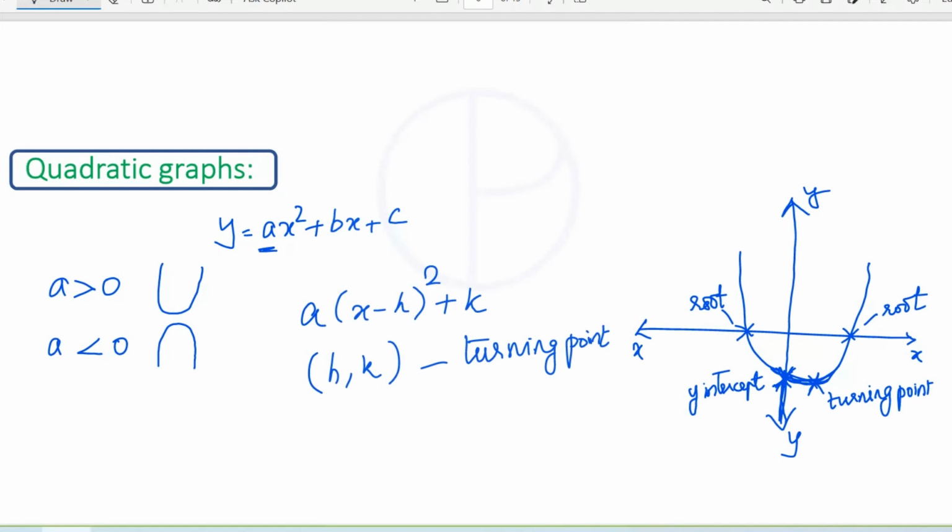The equation of the line of symmetry for this curve is x equal to h. Okay, from completing the square you can find out these two.